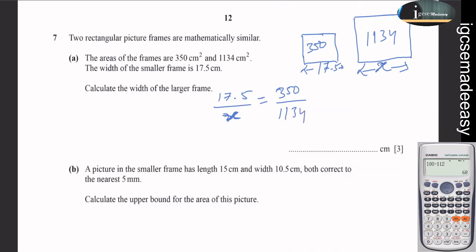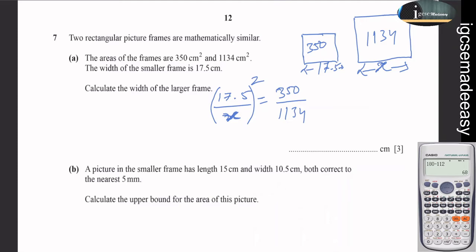Now what we will do, because it's a square case, we will square this frame length. If it is related to sides and volume, then we should cube the sides. Because it's area, we have to square it.